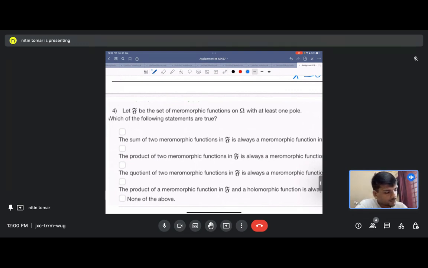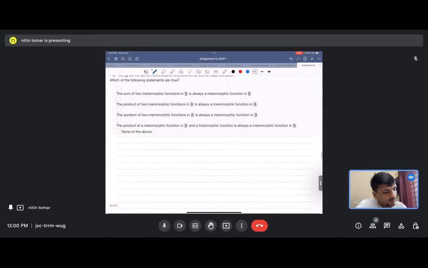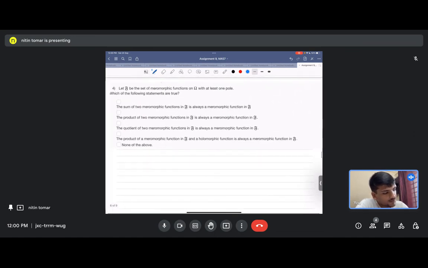Then the sum of two meromorphic functions in T is always a meromorphic function in T. This option I don't think is correct, because you take 1 by z and g(z) to be minus 1 by z, right? They are in T, yes or no? They have simple pole, right? But their sum is 0, which has no pole. So this option is false.